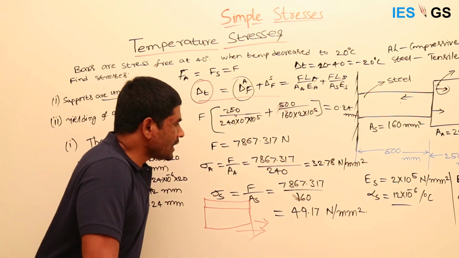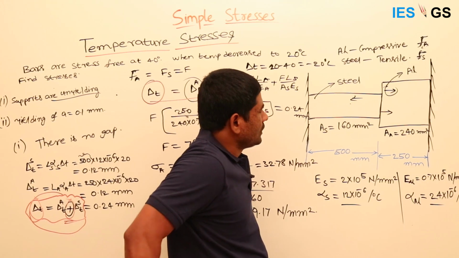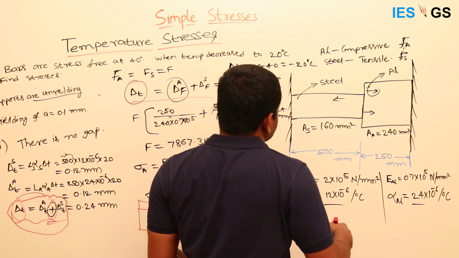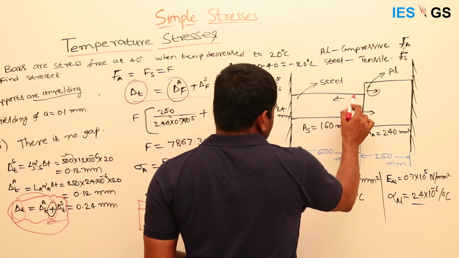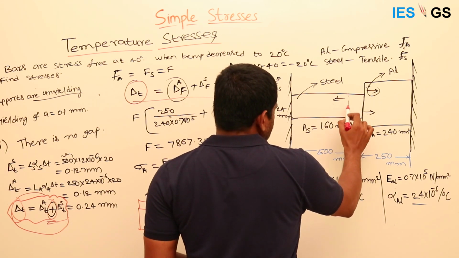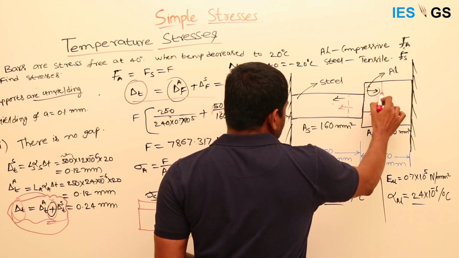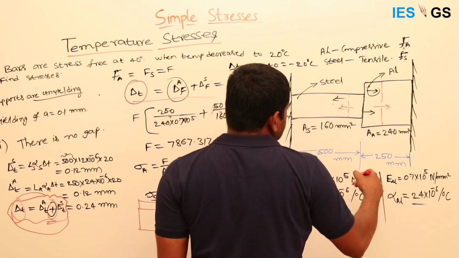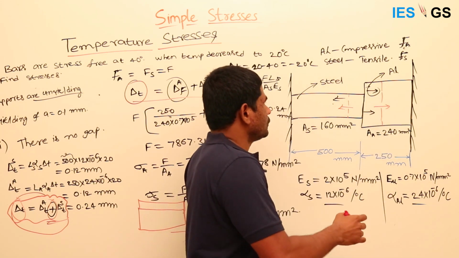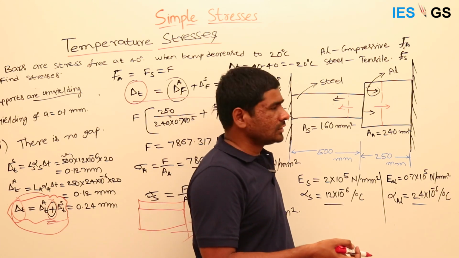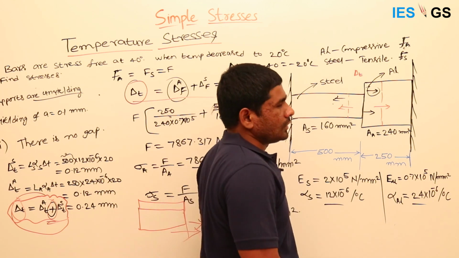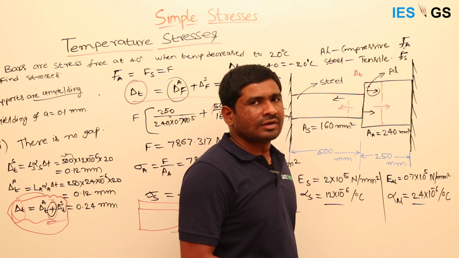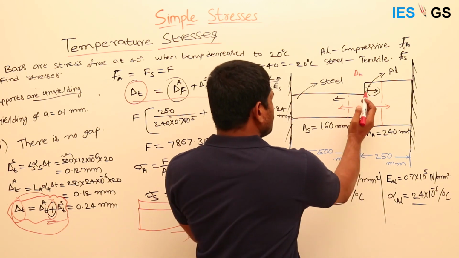But in this case, these two are in the opposite direction. When temperature is decreased, the steel one is trying to compress in this way, and the aluminum is trying to compress in this way. Both are in the opposite direction. So if I want to find out delta T, the total elongation because of the temperature decrease, then we are adding.